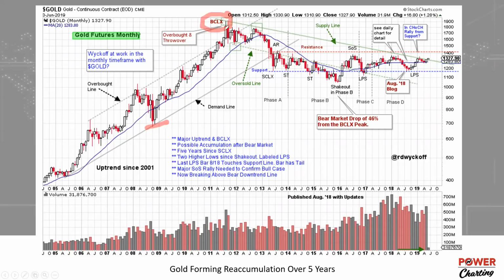And upon that climax, where there was a throw over of the trend channel and then an important test, we had a critical decline that resulted in a selling climax in 2013 and produced a range-bound market for gold.